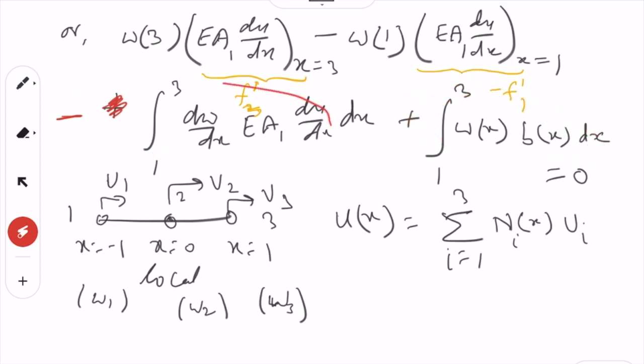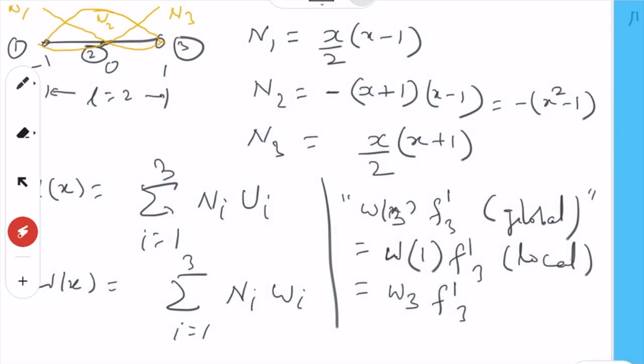So this element stiffness matrix we have found out, and now the force vector we get from here. So we have Wx multiplied by Bx. W is again global, so we are going to write it in the local form, and B is equal to a constant, so only the W term will be integrated. So let us see.